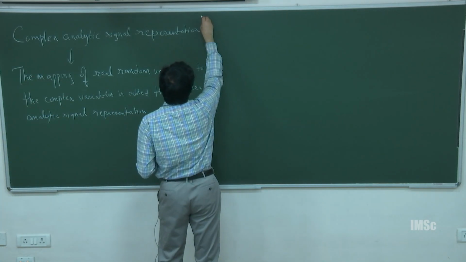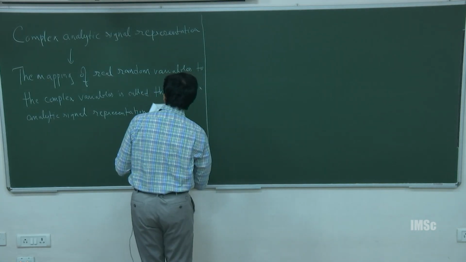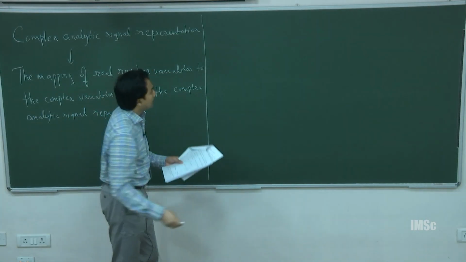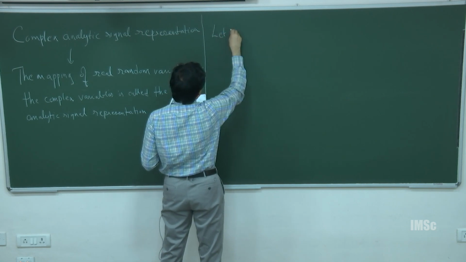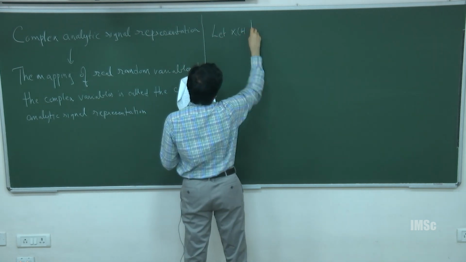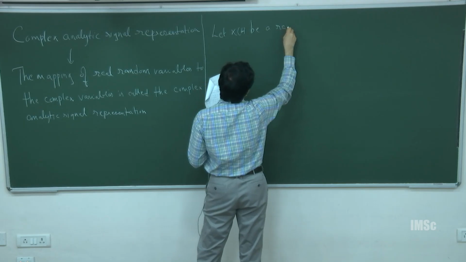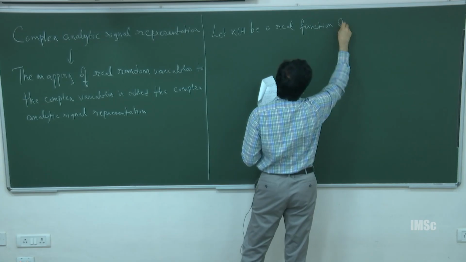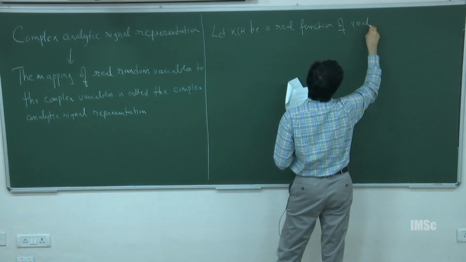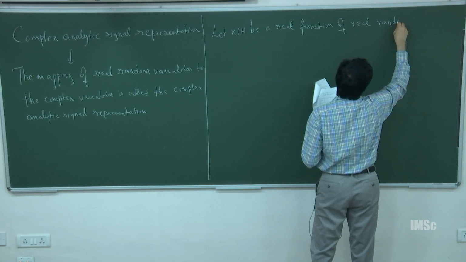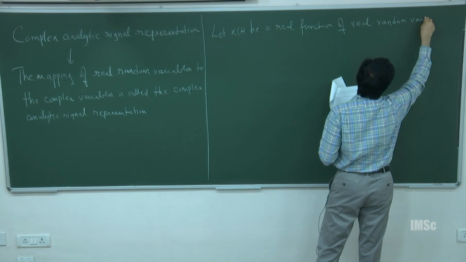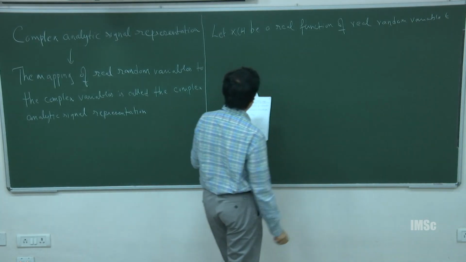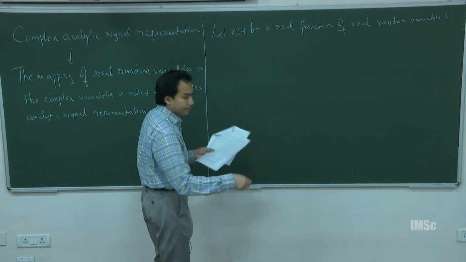So let x of t be a real function of a real random variable t. And let us assume that its Fourier transform exists.